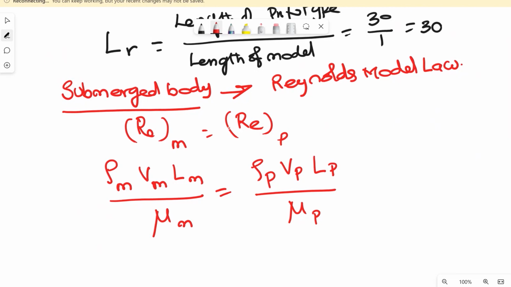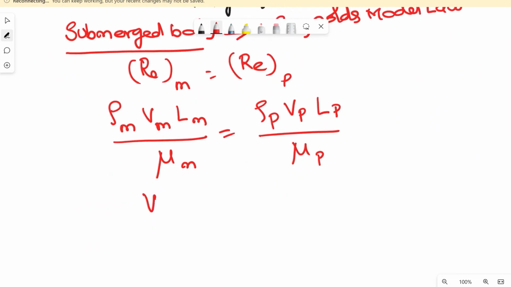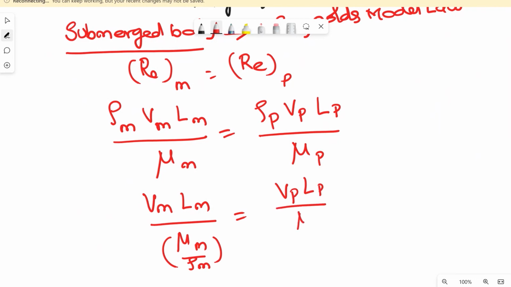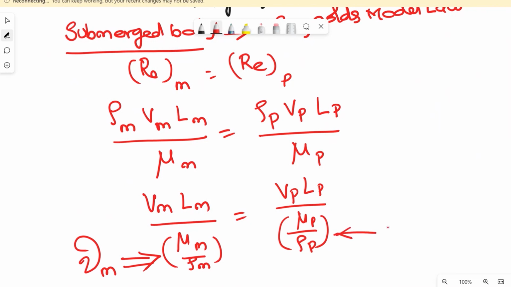So the same thing can be written as V m L m by mu m by rho m is equal to V p L p by mu p by rho p. This is nothing but the kinematic viscosity, and this is also the kinematic viscosity.